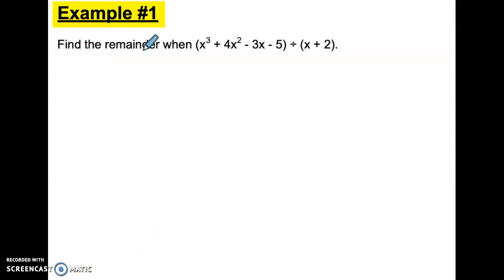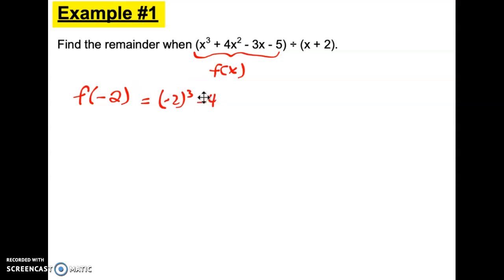So here's our first example. It's asking us to find the remainder when this cubic is divided by x plus 2. So I'm going to call that cubic f at x, and technically I should do a proper let statement. And to find the remainder, all I'm going to do is find f at negative 2. So I'm just going to plug a negative 2 in everywhere.